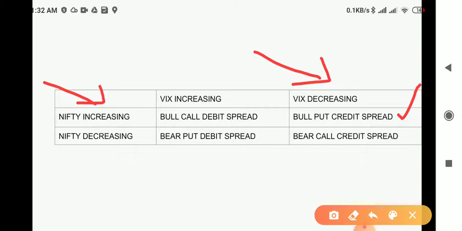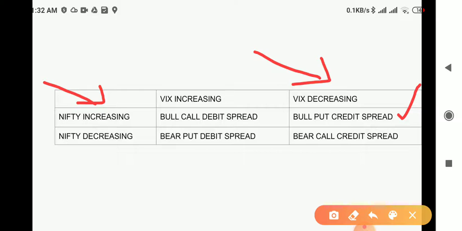That means selling option price is more than buying option price of put.